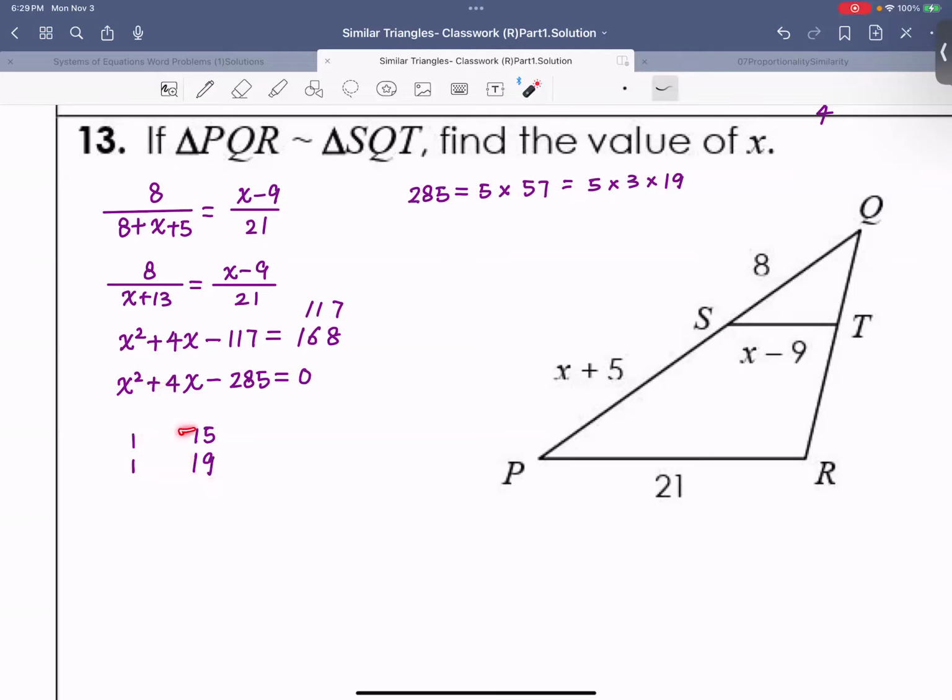So you have to make this correct. All right. So this is which? x minus 15, and then x plus 19. Yes.